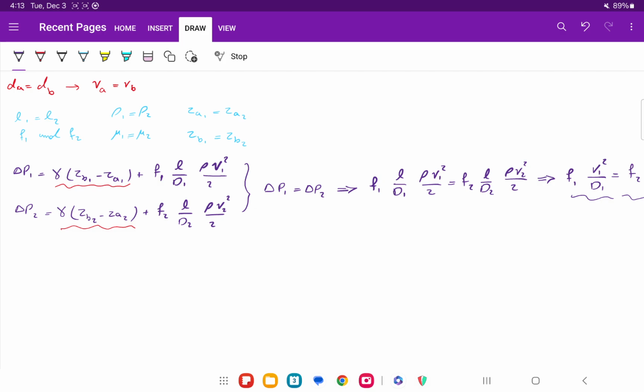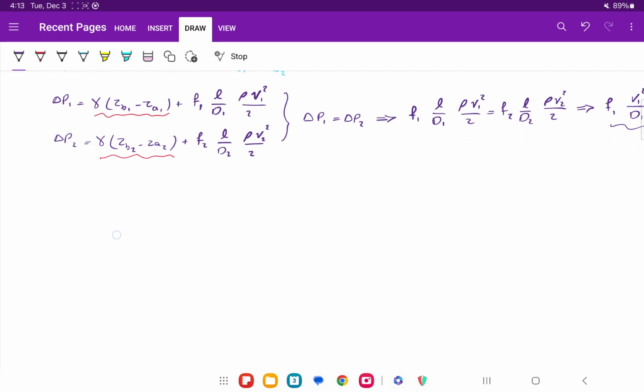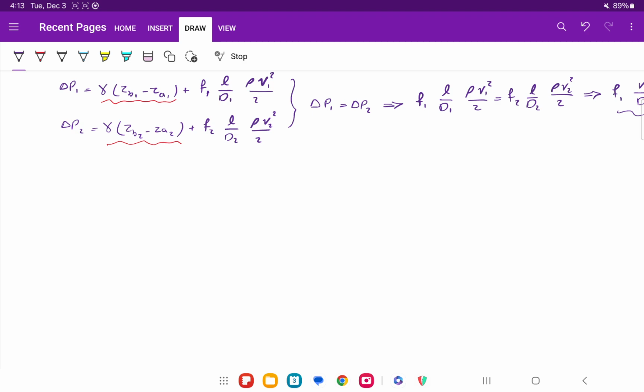We need that. So to find F, as you know, first we should find whether we have turbulent flow or laminar flow. So we should calculate Reynolds number. Reynolds number equals rho V d over mu, or 4 rho Q over pi d mu. It's not difficult to get this.